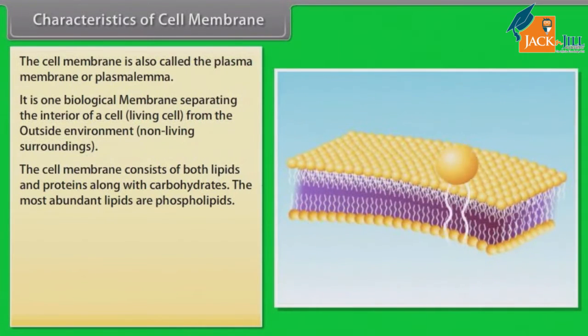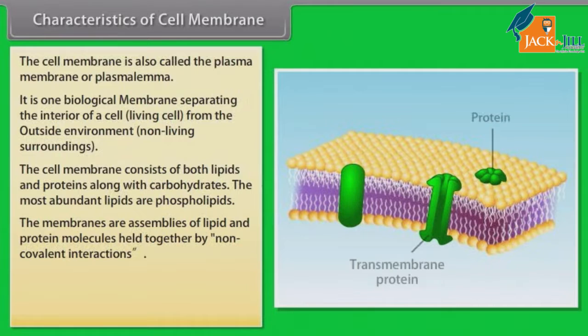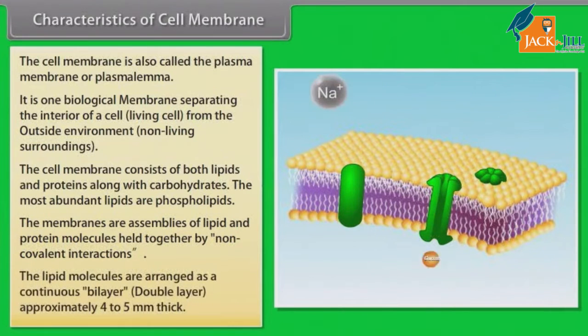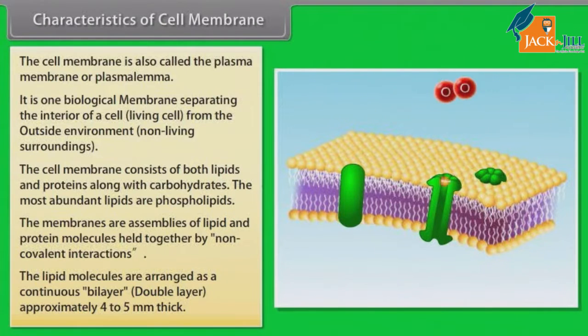The most abundant lipids are phospholipids. The membranes are assemblies of lipid and protein molecules held together by non-covalent interactions. The lipid molecules are arranged as a continuous bilayer, that is, double layer, approximately 4 to 5 mm thick.